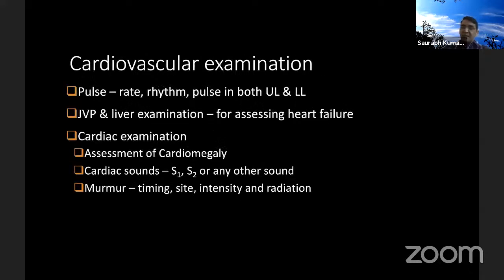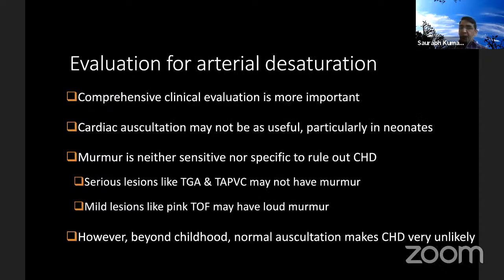In cardiovascular examination, we must include all the things. And when we are saying arterial desaturation, we must not put all our money on cardiac auscultation, because in some situations, particularly if the child is young or a neonate, cardiac auscultation may be completely normal, and it is not as useful as we think.